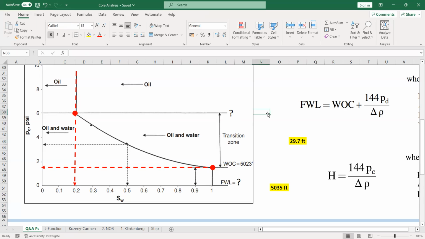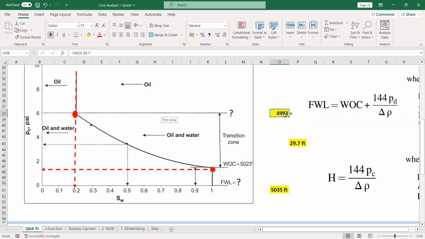By the way, I can predict this location. It's very easy. It must be 5023, the water oil contact, minus the thickness of the transition zone, 29.7 feet. So bingo.